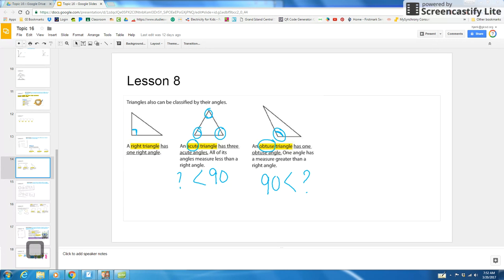So, lots of different ways to classify these triangles based on the lengths of their sides and based on their angles. If we had to name each of these, for example, I'm going to look at our middle one here for a minute. All three of these sides are equal, so I'm going to say that's our equilateral. What would you name this triangle?